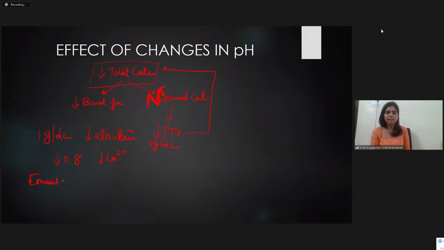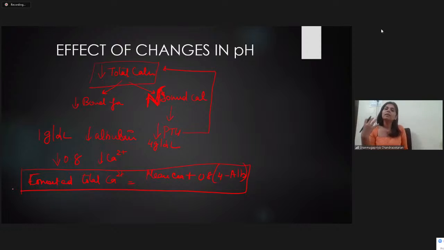Corrected total calcium is equal to the measured calcium plus 0.8 into 4 minus albumin concentration. Do you understand this? This will help you to overcome the limitation of estimating total calcium.